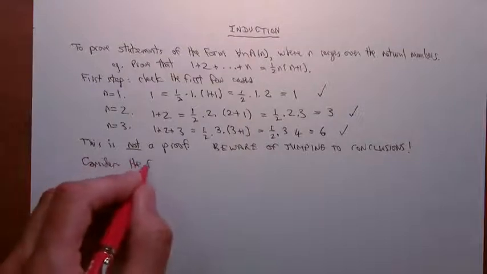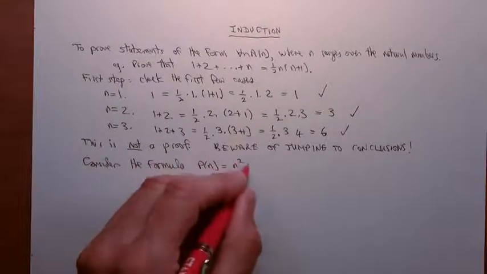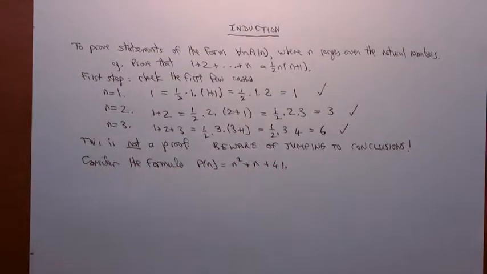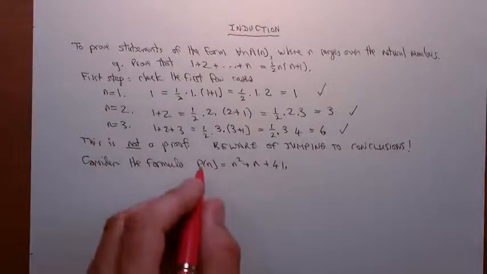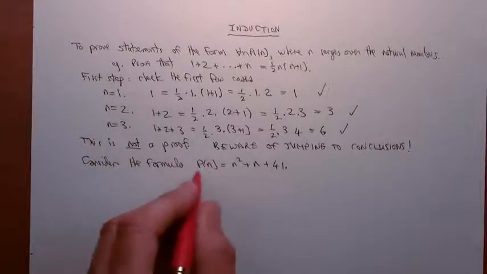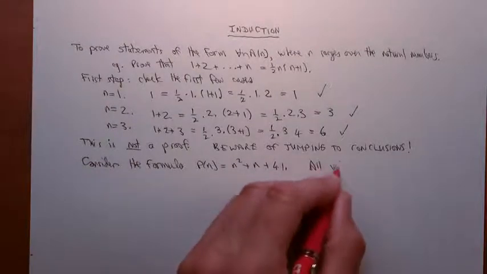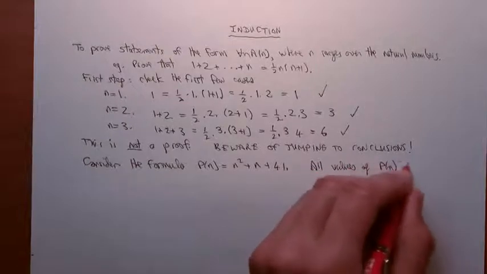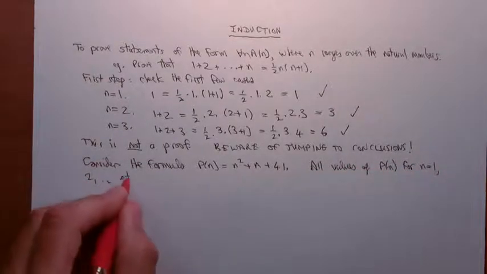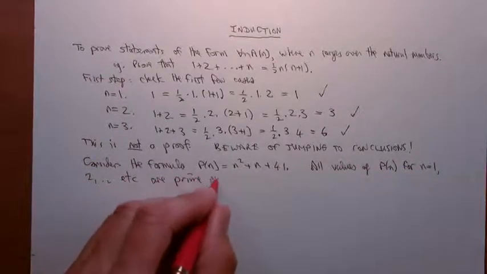Consider the formula Pn equals n squared plus n plus 41. If you start working out values for this formula, you'll find something rather interesting. You find that all values of Pn for n equals 1, 2, 3, etc. are prime numbers.